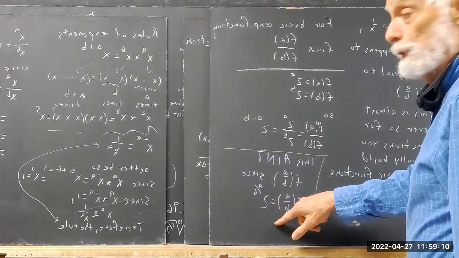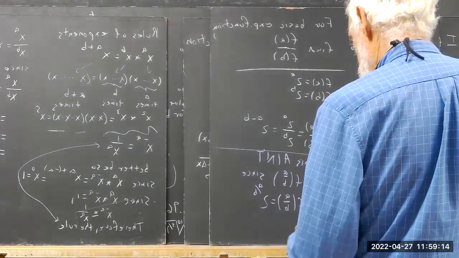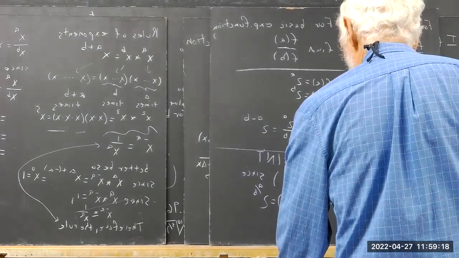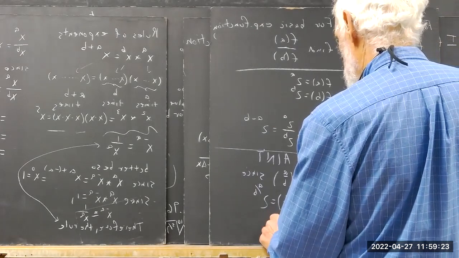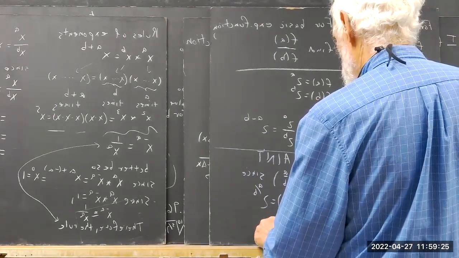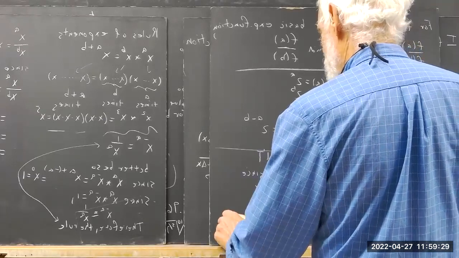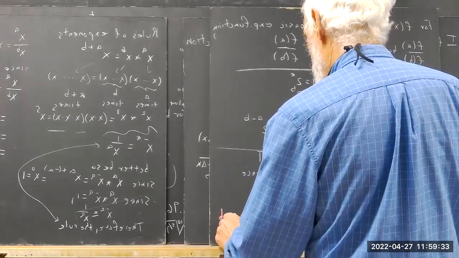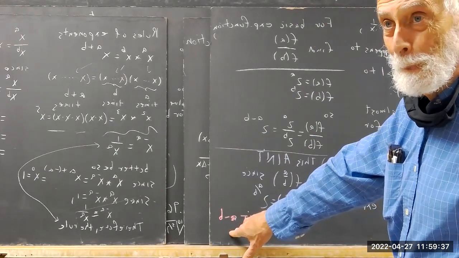So this is different than this. And A over B, A minus B.